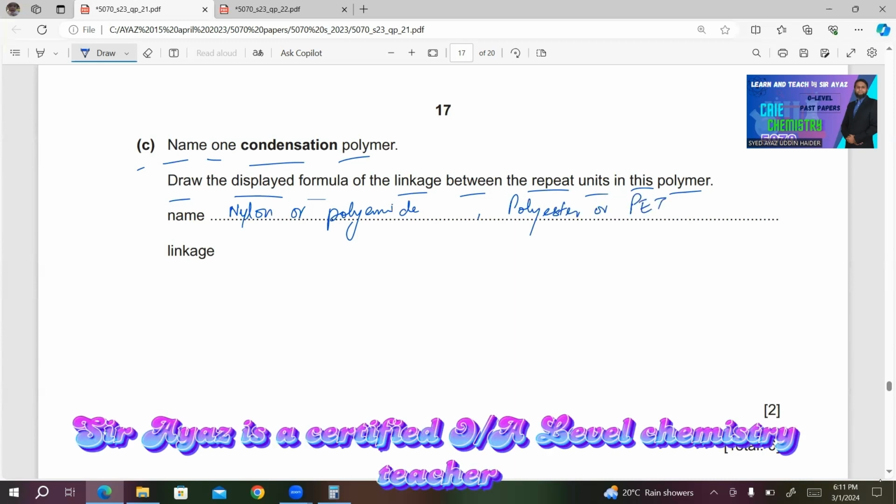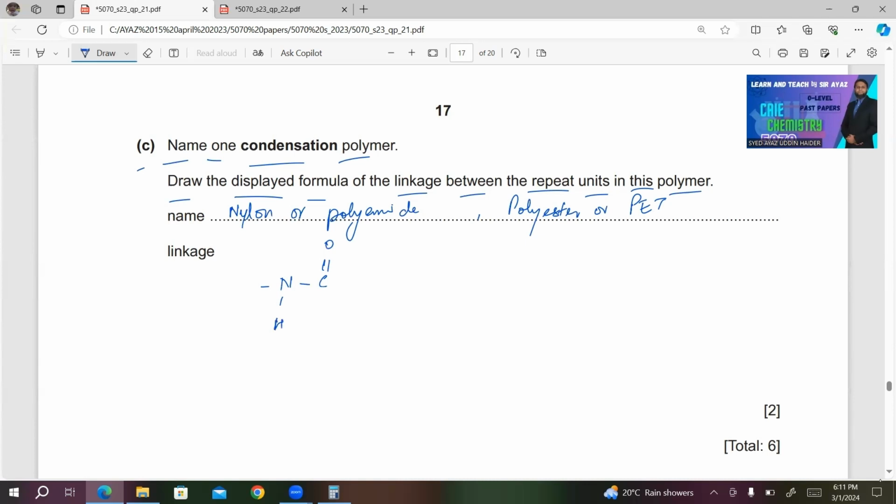For polyamide, show the linkage. This must be the linkage for polyamide: single bond, H, single bond, C, double bond O, single bond. What about polyesters? Polyester must contain single bond, C, double bond O, single bond, O, single bond. This must be the linkage found in polyester.